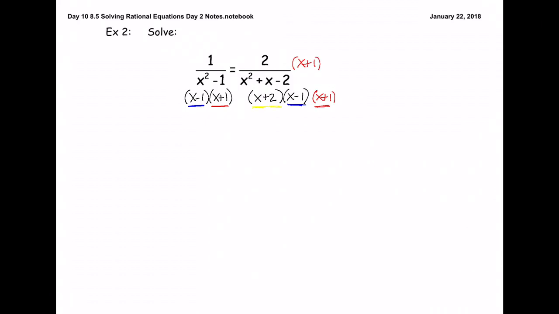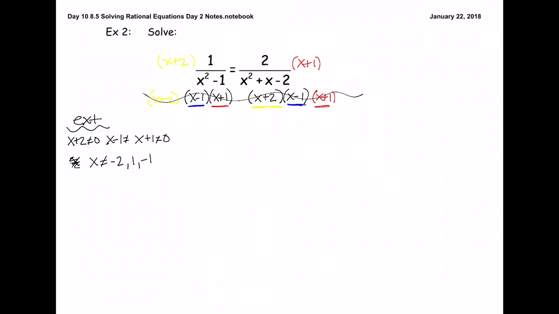We have an x plus 2, and we're missing an x plus 2. Once you have all your denominators written, remember, you want to find your extraneous solutions. So x plus 2 cannot equal 0, x minus 1 cannot equal 0, and x plus 1 cannot equal 0. So x cannot equal negative 2, 1, or negative 1.